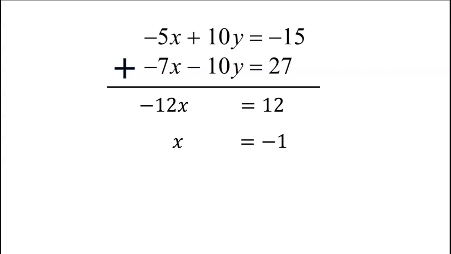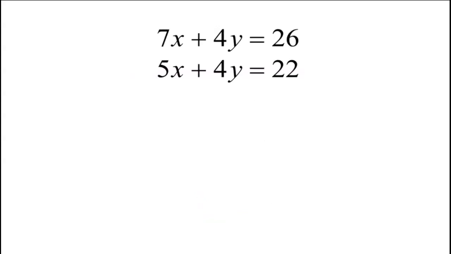Let's say we use the first equation, that would be negative 5 times negative 1, which turns into positive 5. So our equation up top would be 5 plus 10y equals negative 15. And we can solve from there to get y equals negative 2. To write our answer, because it's an xy, we write it as the ordered pair, negative 1, negative 2.